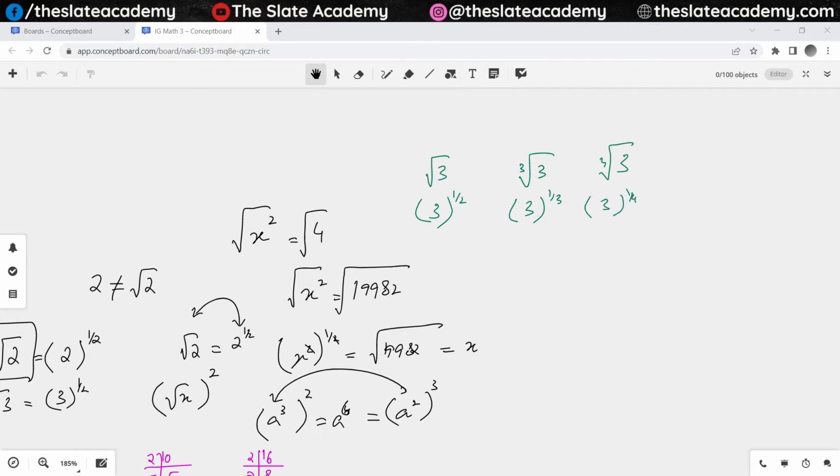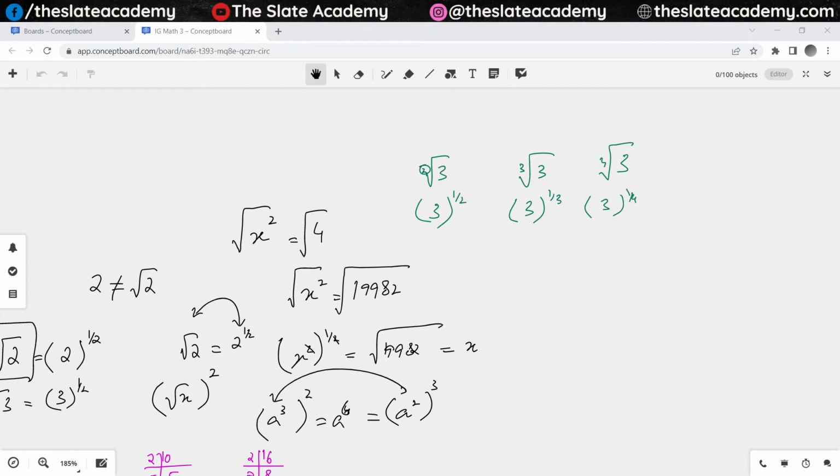So it means if nothing is mentioned over here on this square root, there is an implicit 2 over here. Similarly, it could be a number or it could be anything.